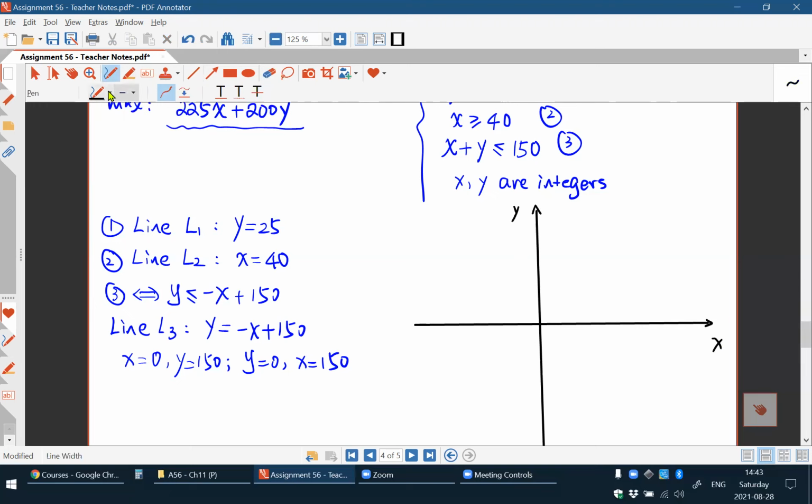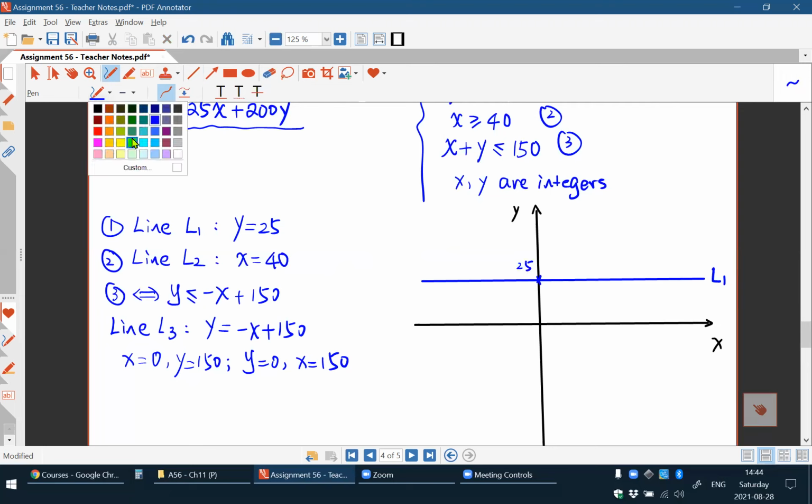Okay, so now let's draw all the constraints on the 2D Cartesian plane. First of all, first constraint is Y equals 25. This should be a horizontal line that is parallel to the x-axis, right? So this is line 1. And this should be 25. And line 2 is a vertical line that is parallel to the y-axis, right?